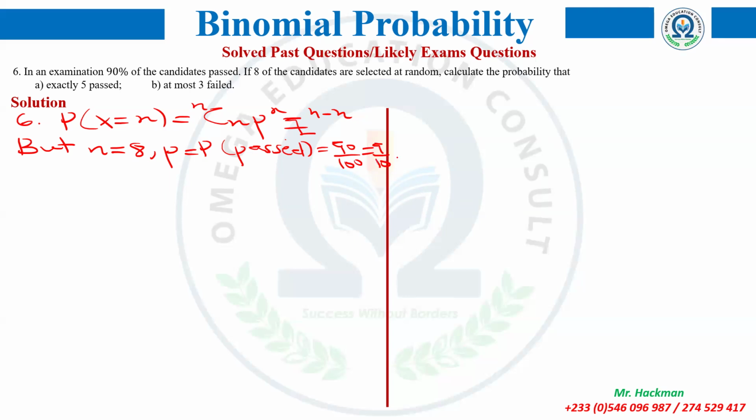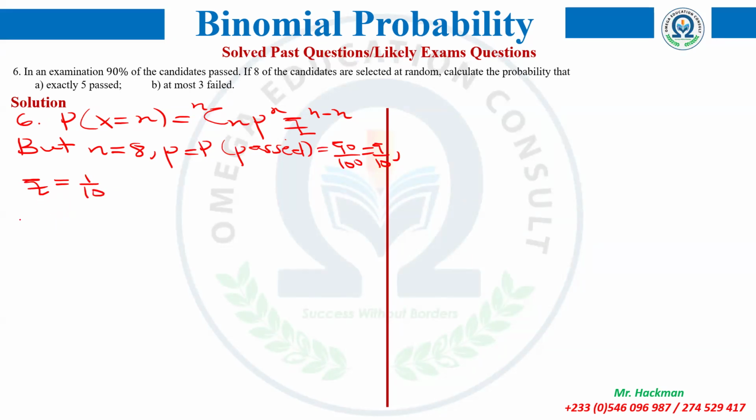Is that clear? Then on that note, our q, which is p of failed, will be 1 minus p. So that would be 1 minus 9 on 10, and that will give us 1 on 10. Am I right?